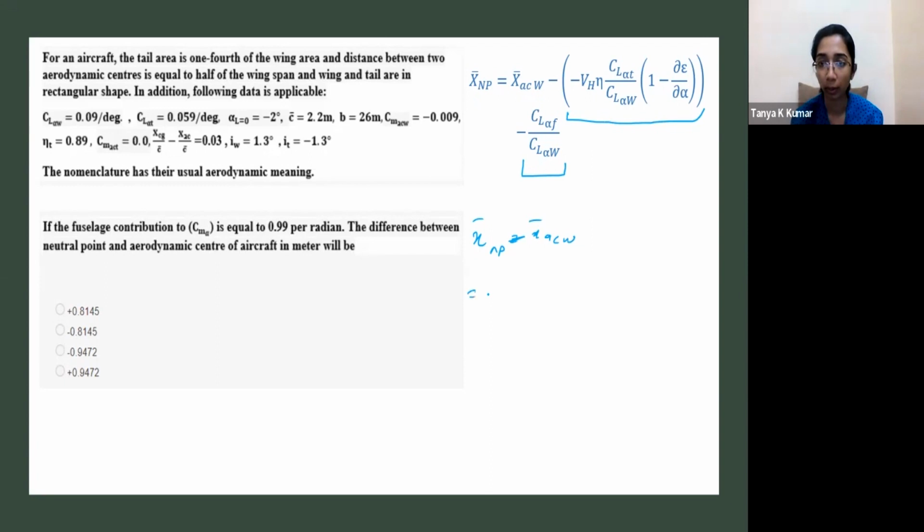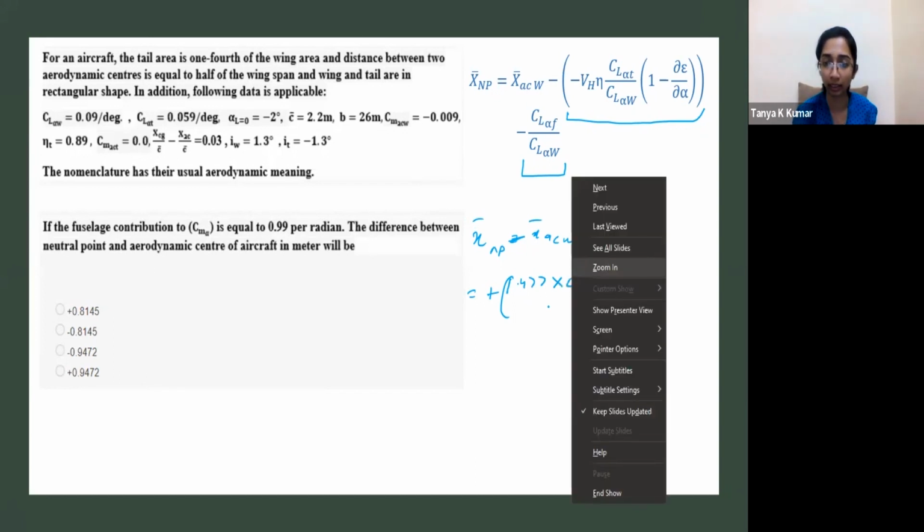So can you just tell me the values? VH was how much? Horizontal tail volume ratio was how much? We just calculated it. How much is the value? Okay. 1.477. The efficiency factor is 0.89.